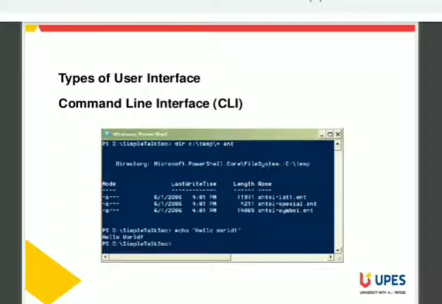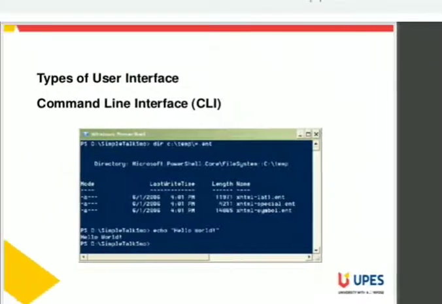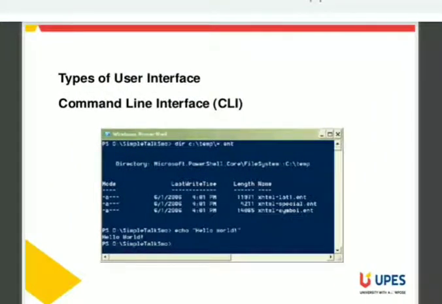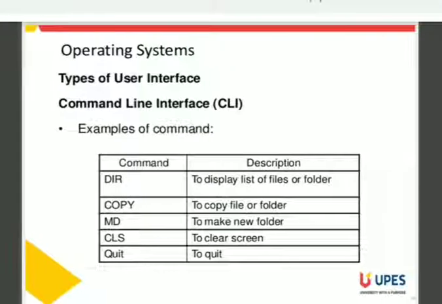This is an example of the command line interface. We are going to give commands to access any information or to manipulate any data on the computer. So here we have some commands used by the user.